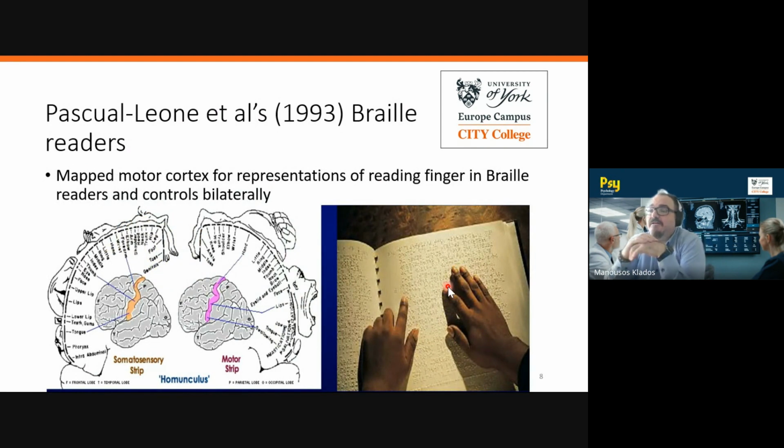Now, another example came almost 10 years later, by Pascual-Leone in 1993. What he did was map the motor cortex for the representation of reading fingers in braille readers, which are controlled bilaterally.